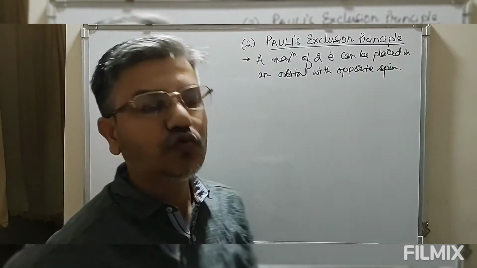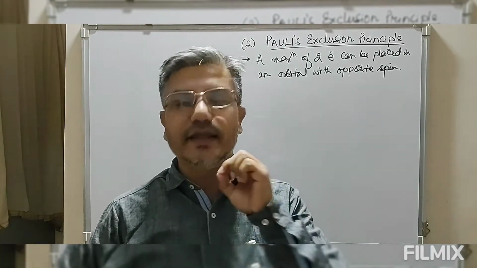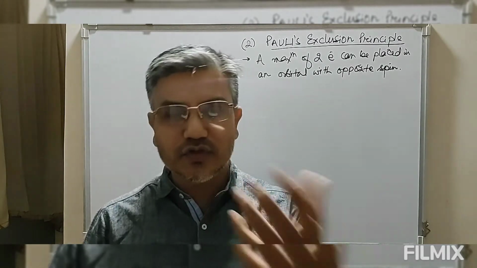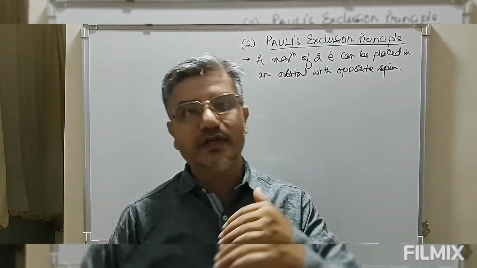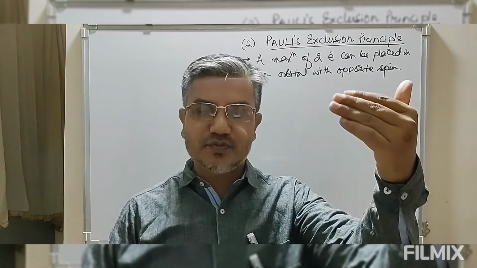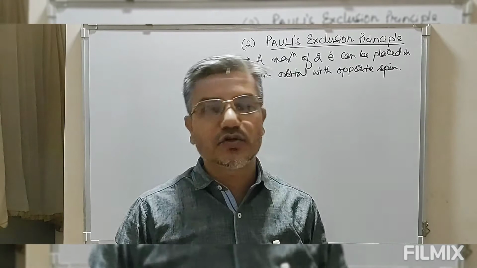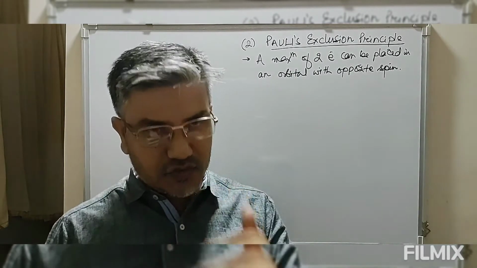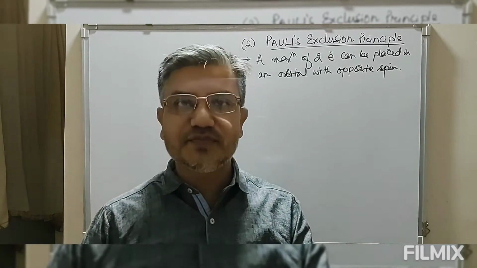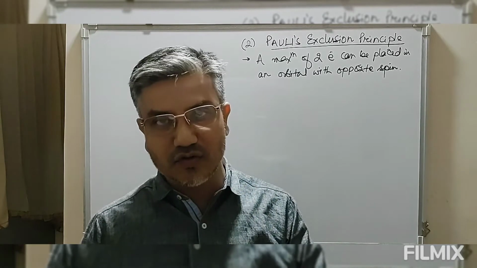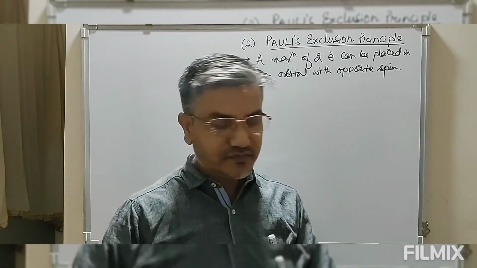If you are placing 2 electrons in any given atomic orbital, these 2 electrons should have opposite spin. If one of the electrons has clockwise spin, the other should have anti-clockwise spin. These 2 electrons should not have the same spin while occupying the same atomic orbital.